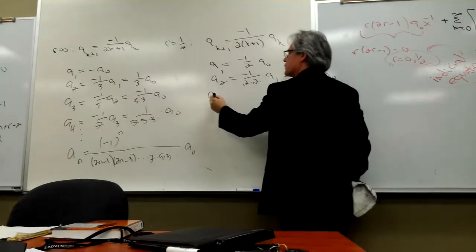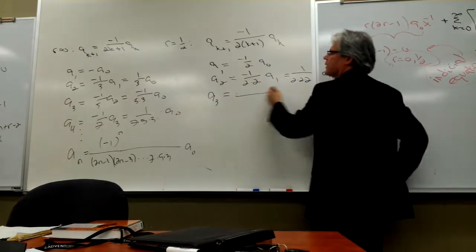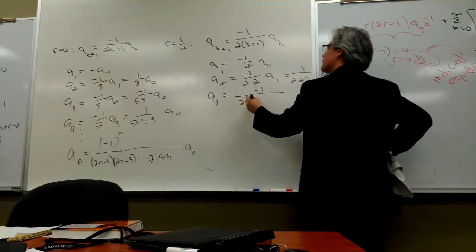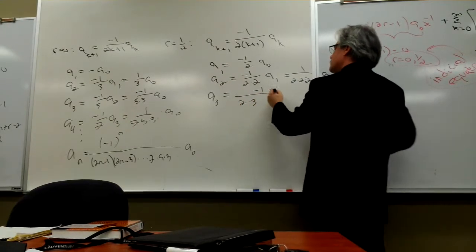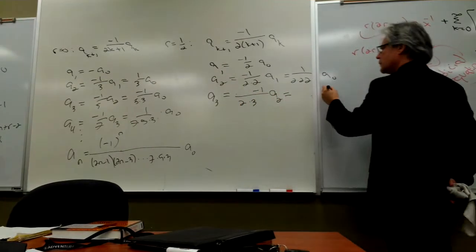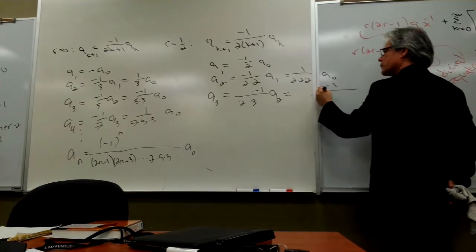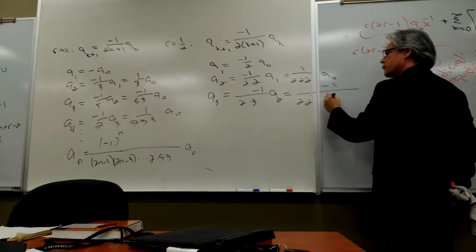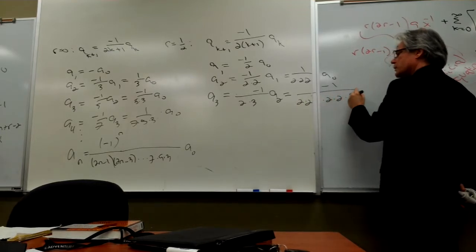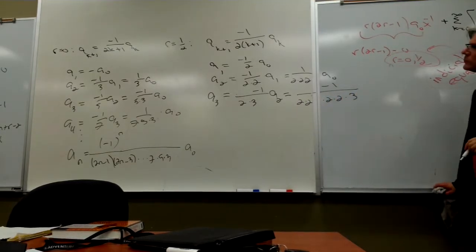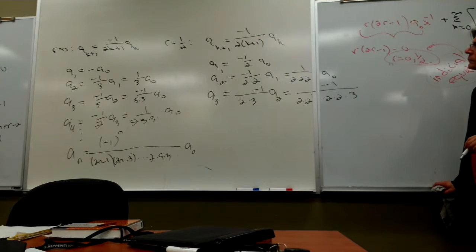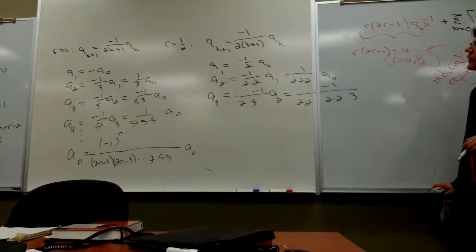I think a sub 3 is generated by replacing k with 2. That gives me -1 over 2 times 3 times a sub 2, but that's -1 over 2 to the fourth, 2 times 4 times 3. You can see a pattern?